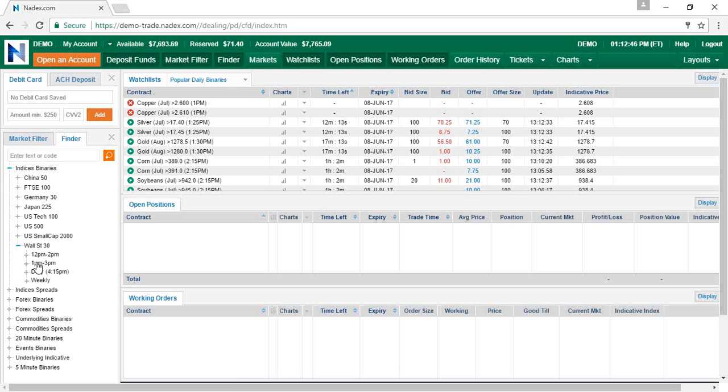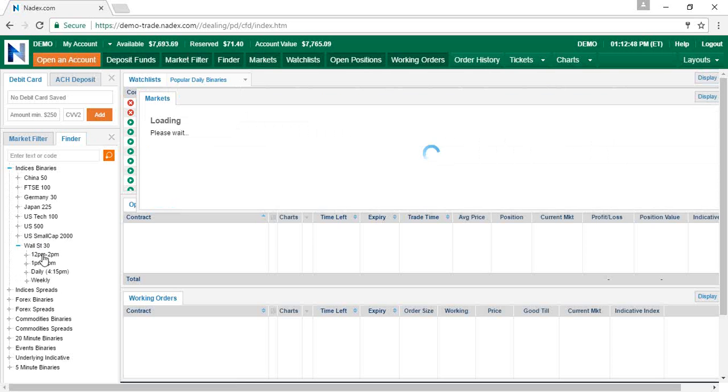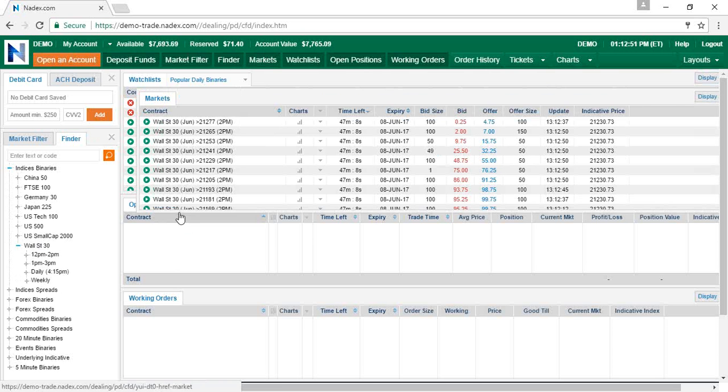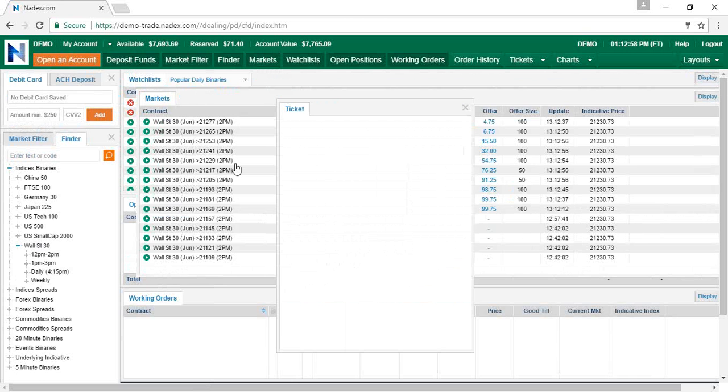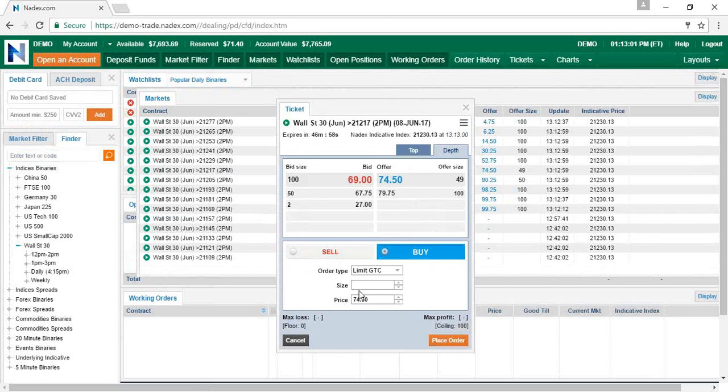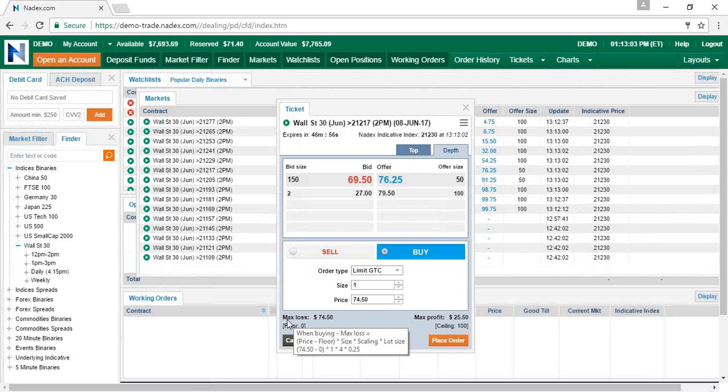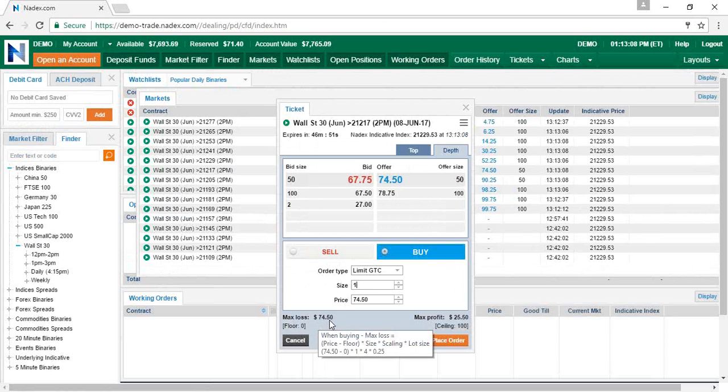I'm looking at these binaries here that open at 12 p.m. and expire at 2 p.m. If I was going to buy this binary right here for $76, for example, say I wanted to buy one, it says max loss $74.50, max profit $25.50. Yes, I have the option to exit early, but if I don't, I'm just holding this till expiration.